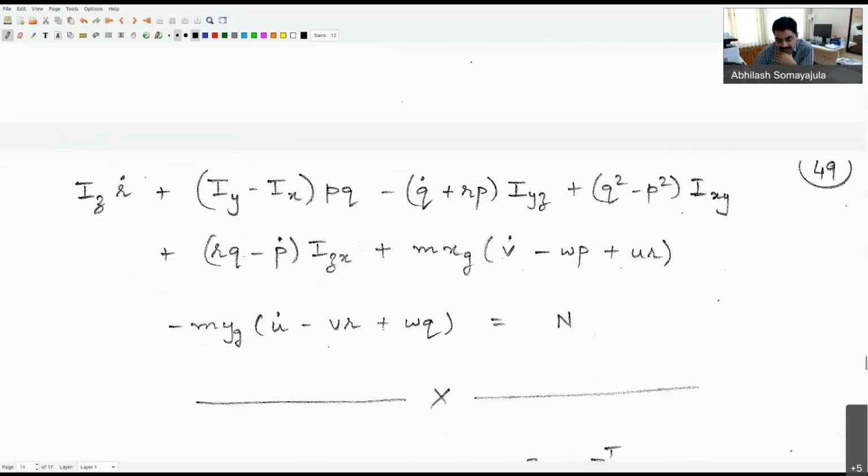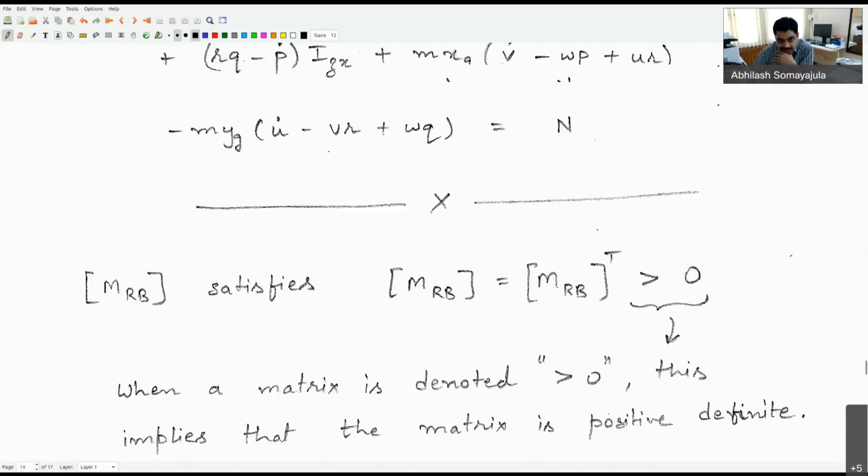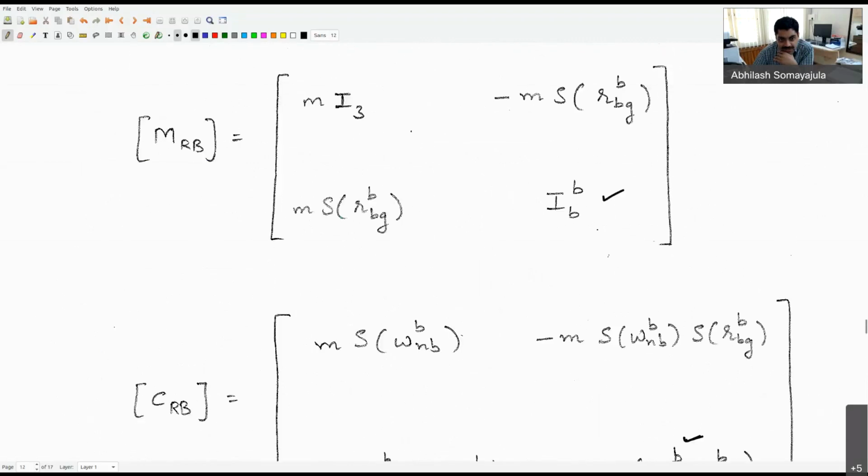Now, the last thing which I want to cover before I wrap up today is that you will notice that this MRB matrix is a symmetric matrix. So if you go back and see your MRB matrix, it is a symmetric matrix.